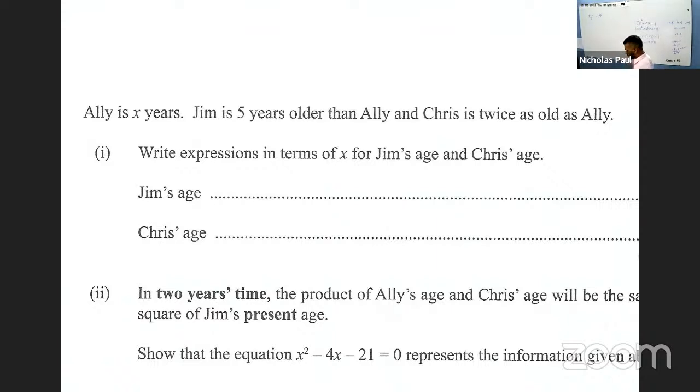So, how old is Jim? Ali is x, so you add 5. That's okay? Easy, right? Then this says Chris is twice as old as Ali. So Chris's age is what? 2x. Okay with that?